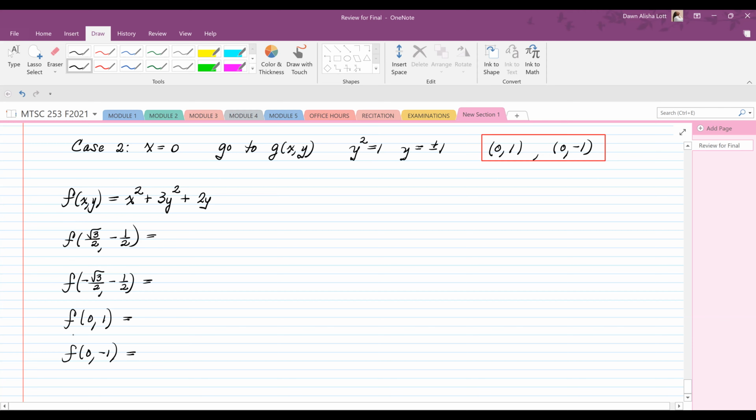So for the first one, you get 3/2 plus 3 times 1/4 plus 2 times -1/4. So that's 9/4.